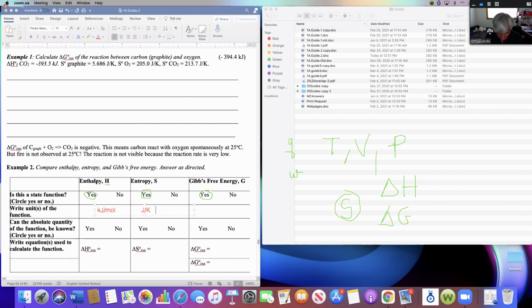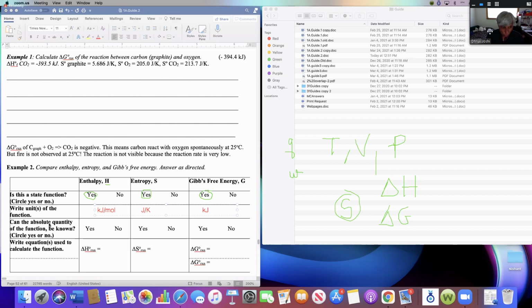And Gibbs free energy? Ethan, what are the units of Gibbs free energy? It's energy, what are the units of energy? Ethan? Joules. Joules or kilojoules, right?